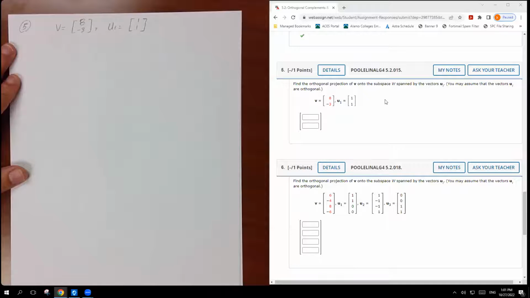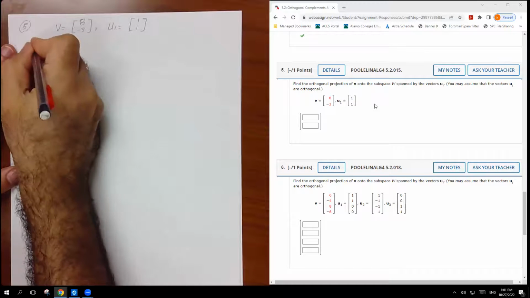So now find the orthogonal projection of V onto the subspace W spanned by this vector. So let's first of all find the orthogonal projection.